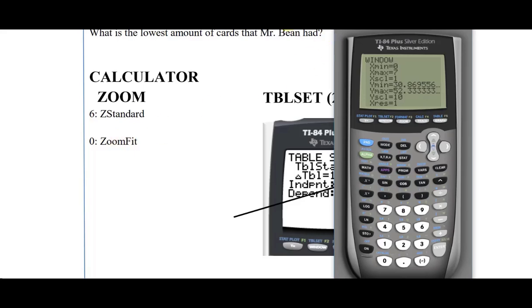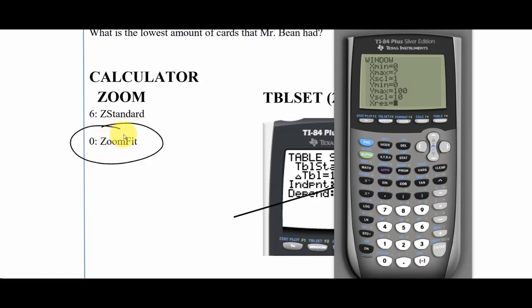Zoom Fit. Okay, let me back up a little bit. Let me go back to the window right here. These numbers aren't terribly bad. Remember the numbers that we had: 0, 7, 1, and 0, 100, and then 10. These numbers were ones that we used from the equation, but what happens if you're having a hard time figuring out the numbers to use?